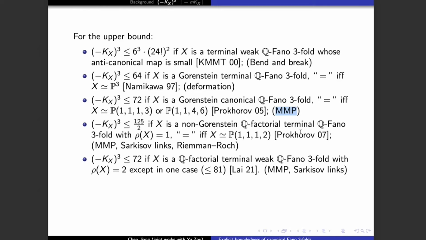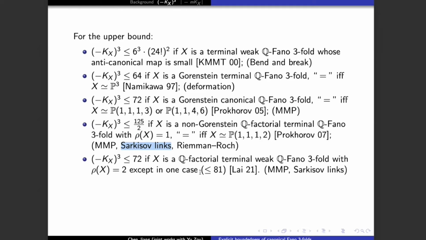So it's not so hard to reduce the problem to the lower Picard number case. And in the Picard number 1 case, the key method is to use Sarkisov links to compare different Mori fiber spaces, and this is also not good if we want to treat a general case.